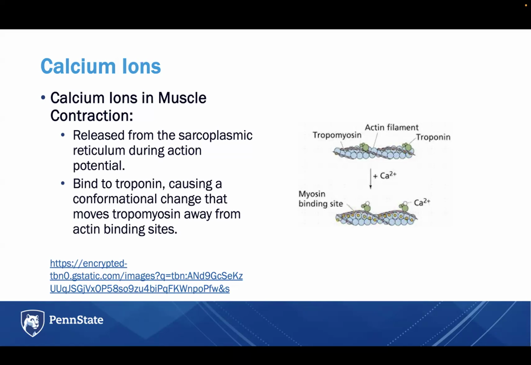So it is cascading levels of control, and the calcium ion is at the top of the hierarchy of this control. This allows the actin filaments to bind to the myosin of the thick filaments.